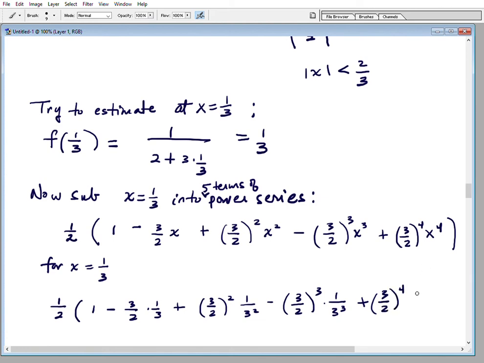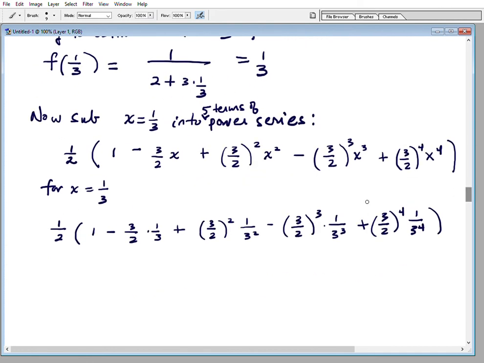And here I'm putting in 1 over 3 to the 4th. Okay, see all this canceling that we have right here? We have the 3's canceling, and the 3 squared cancels with that 3 squared. This is 3 cubed canceling with that 3 cubed. This is 3 to the 4th canceling with that 3 to the 4th. So let's see what we end up with.